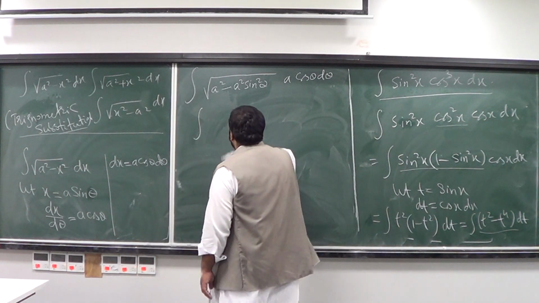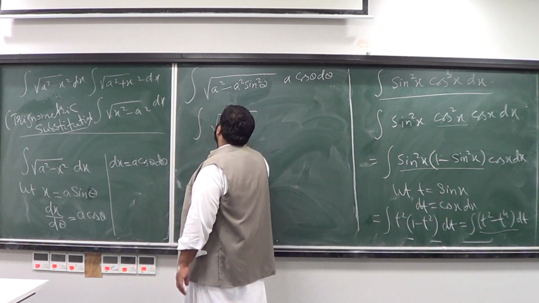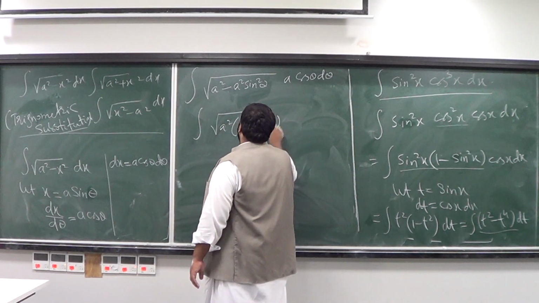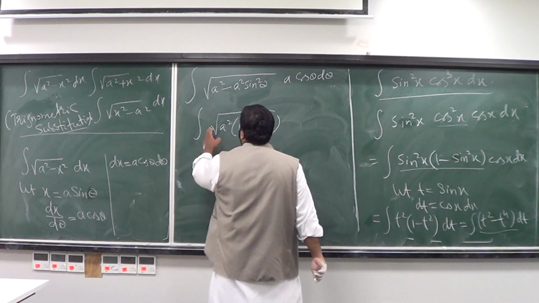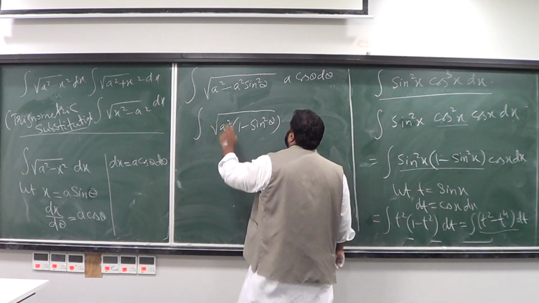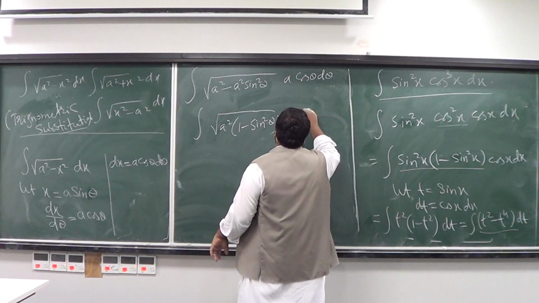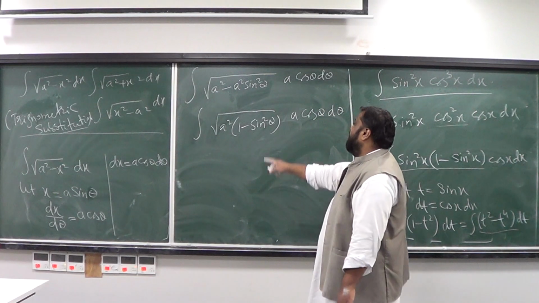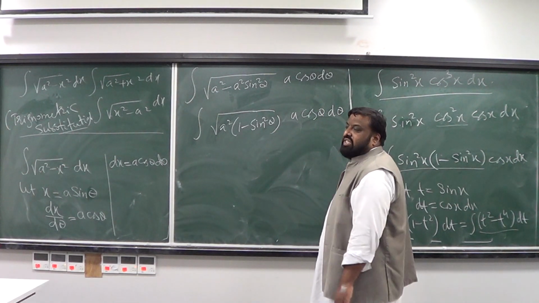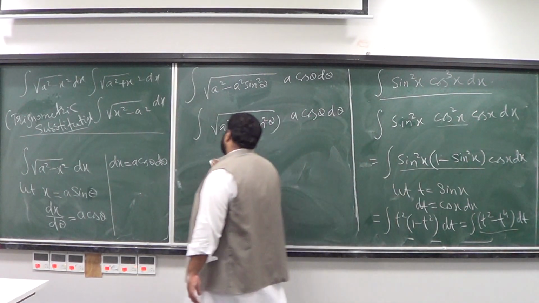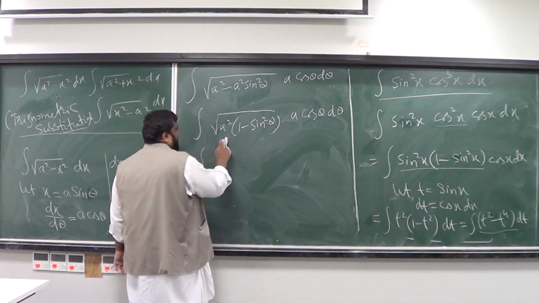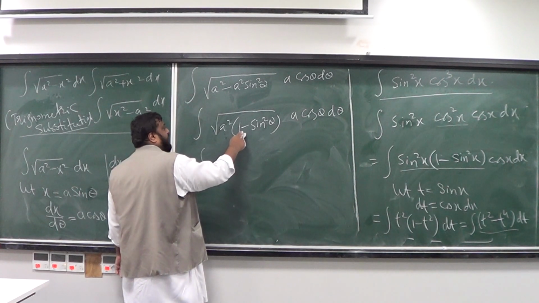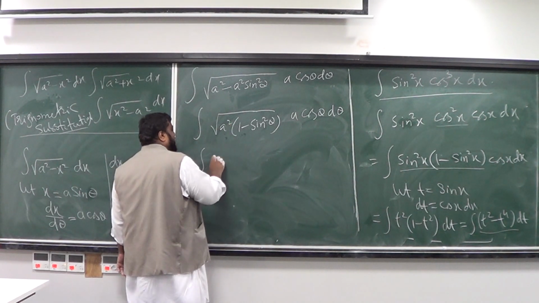So what are you going to do? If you simplify this a little bit, you're going to say this is a square times 1 minus sine square theta. This trick will always get rid of the square root sign, that's the beauty of this trick. So a square times 1 minus sine square theta will become a square cos square theta, so its square root will be a cos theta.